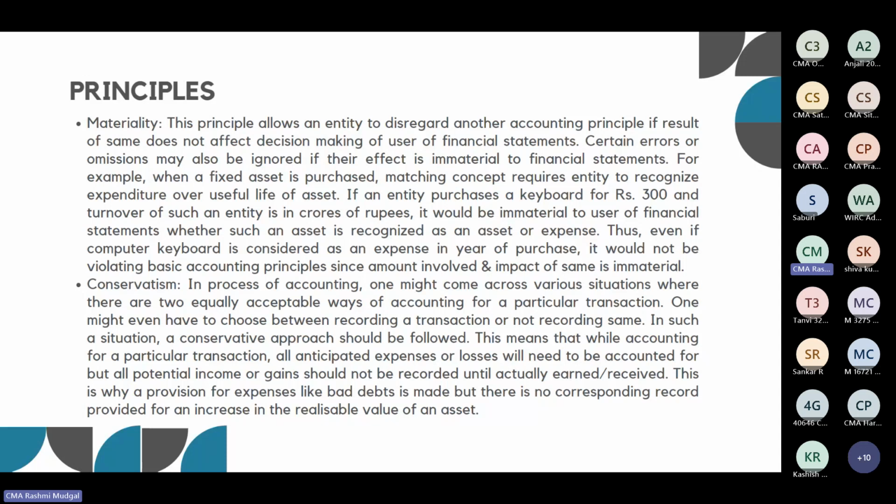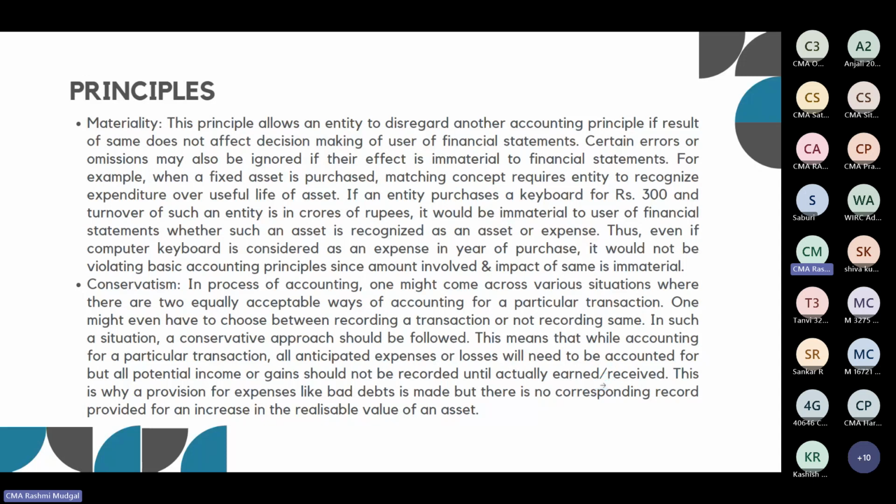Thus, even if the computer keyboard is considered as an expense on purchase, it would not be violating basic accounting principles. This amount involved is immaterial, because 100 crores of assets are there and we are talking about only rupees 300. This is where the materiality concept comes in.